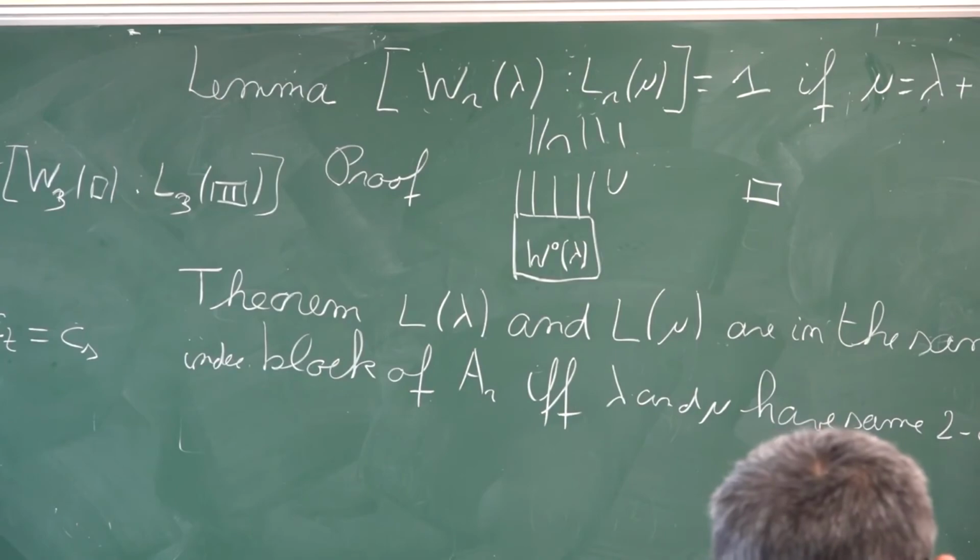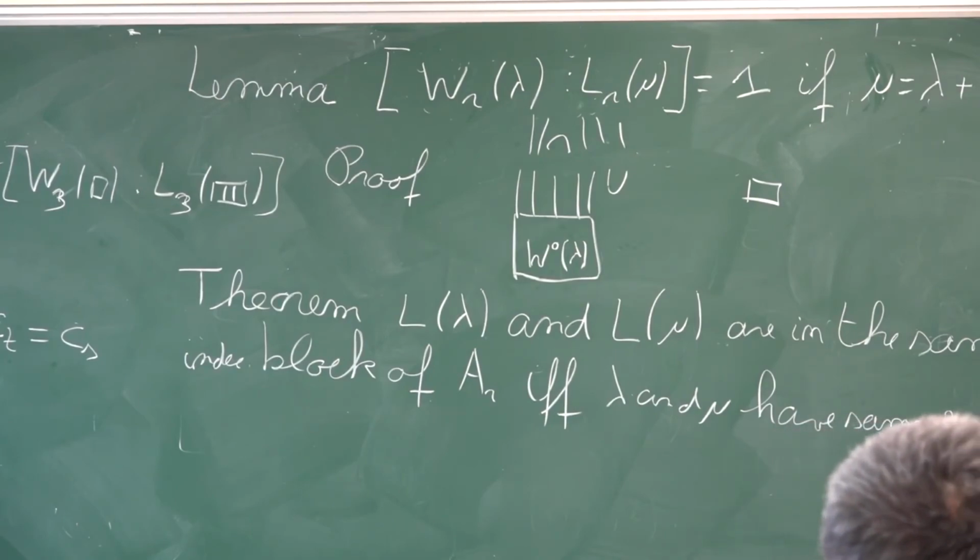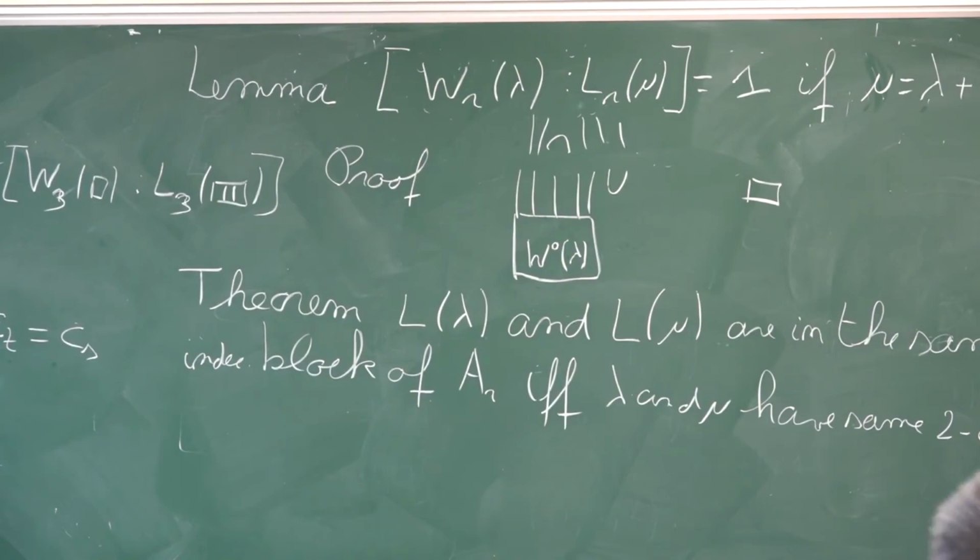The 2 core of a partition is obtained by iteratively removing rim 2 hooks. So basically, for 2 hooks, there's only these 2 possibilities. I start from some partition, for instance this one, and I just remove 2 boxes in the same row or column in a way that what remains is still a partition.